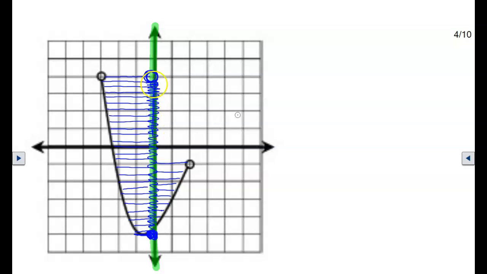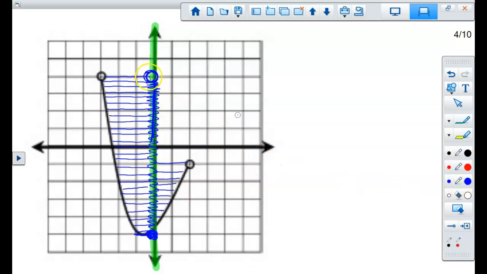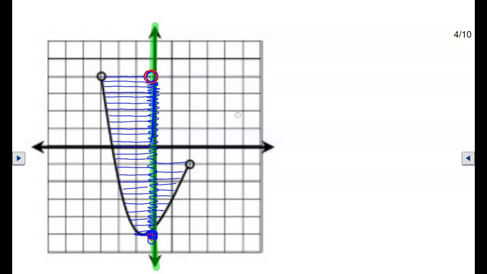So right here is my range. Let me use a different color. Open here, close down here, and then all of this would be my range. So let's see what these numbers are. Here's 0. So that would be negative 1, 2, 3, 4, 5.